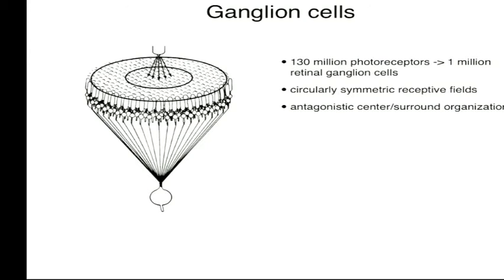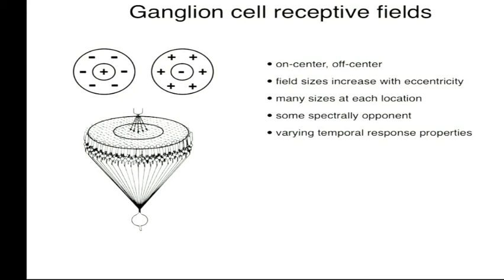In general, the organization of the receptive field is that there's this antagonism, a positive-negative relationship between the center and the surround. Stimulation in the center may cause a positive response from the ganglion cell. Stimulation in the surround will cause a negative response, and stimulation of the whole thing will neutralize the response. That's a basic organizational property of the visual system.